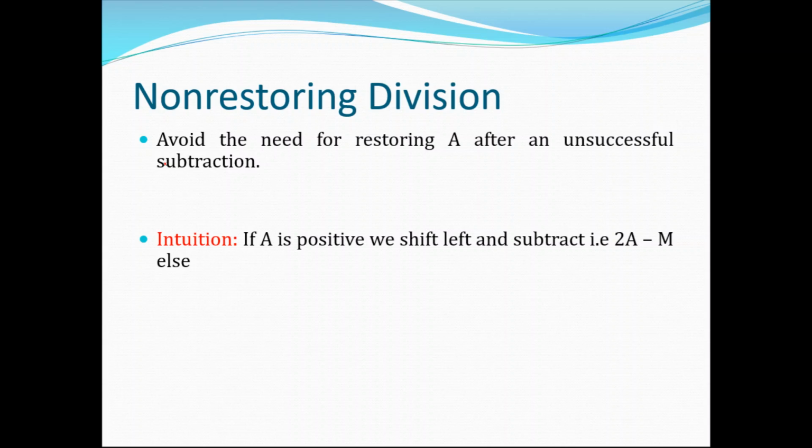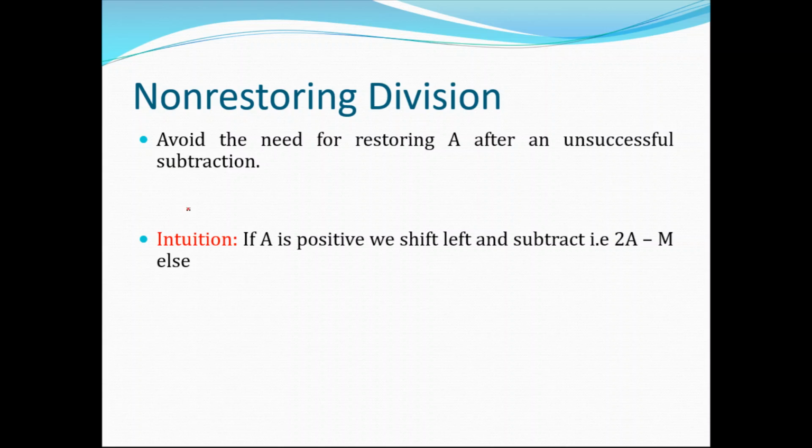But this restoring can be avoided. Instead of restoring, you can do something else, so that without performing restoring you can effectively perform the division with a lesser number of steps.